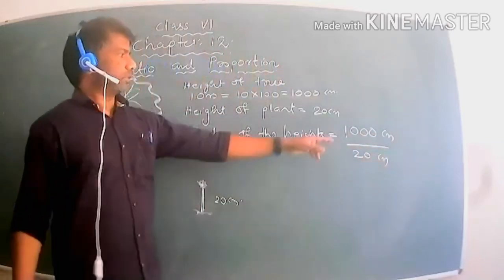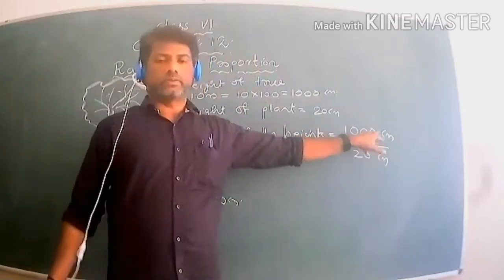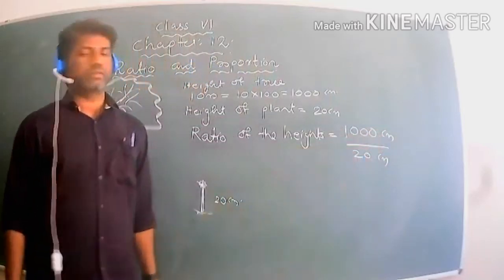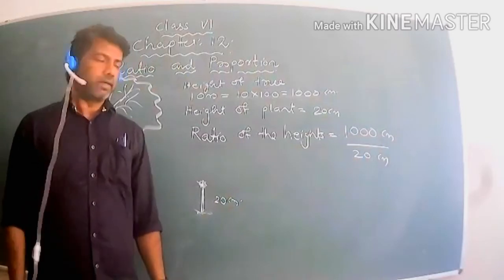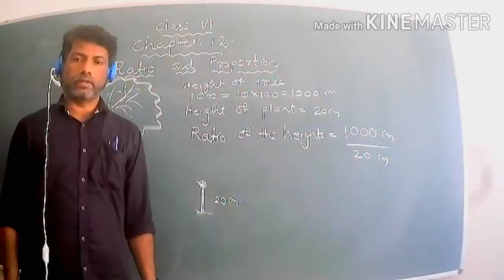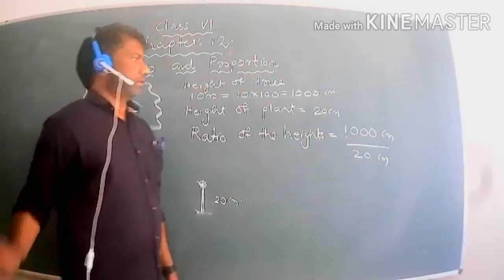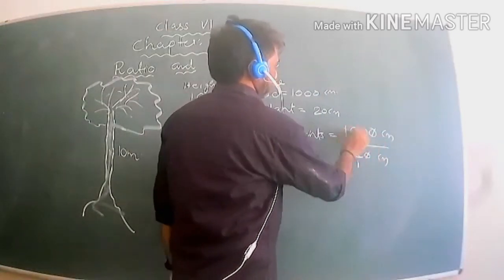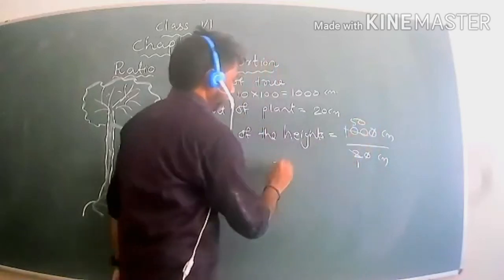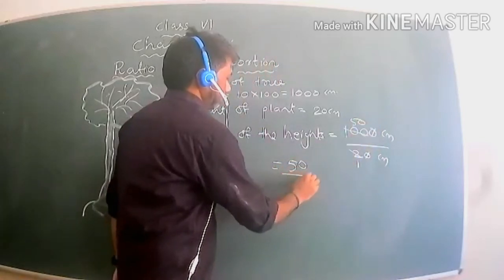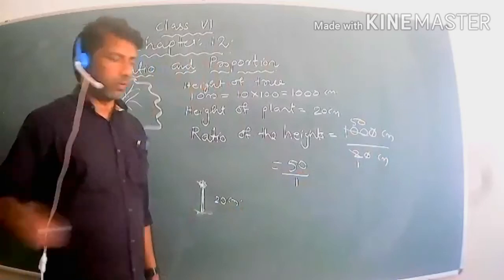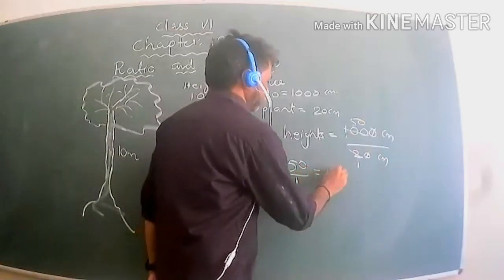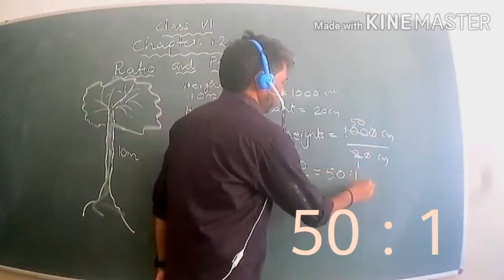Now you see here, this unit is in centimeter, this is also in centimeter. Both should be in the same unit. Then only we have to divide them. So when you divide, 0 0 cutting, 2 fives are 10, we get 50 divided by 1, or we can write it as 50 is to 1.